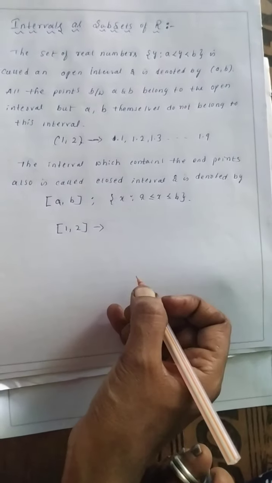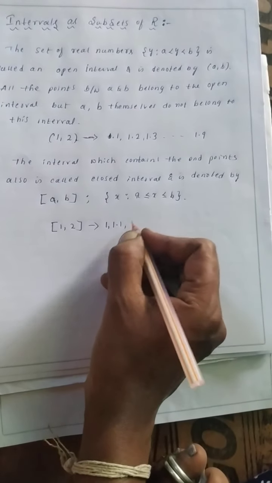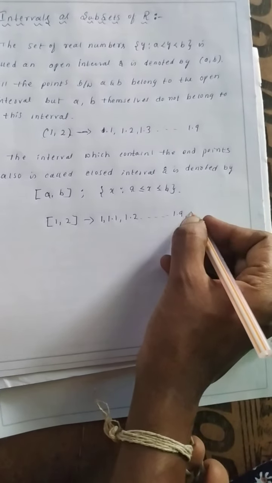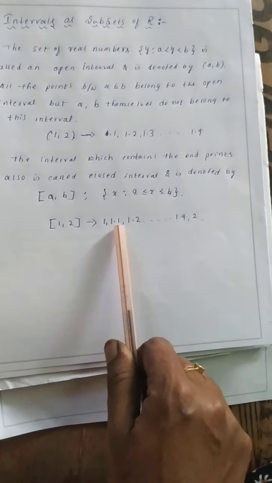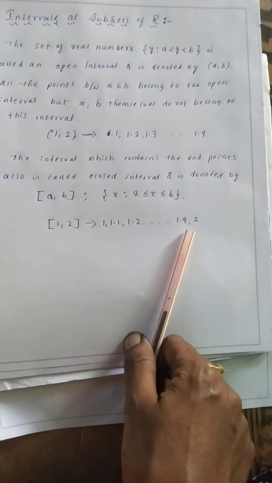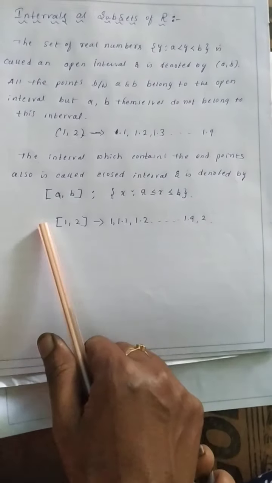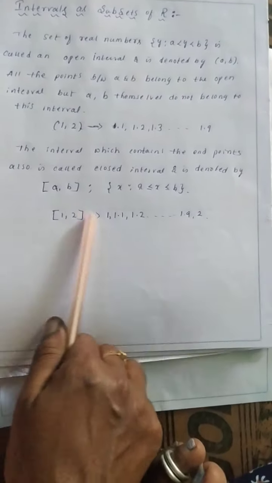The values in this closed interval start with 1 as well, 1.1, 1.2 and so on up to 1.9 and 2. So in an open interval, only between the endpoints we consider the values, whereas a closed interval includes the initial and final values, which are the endpoints of this interval.